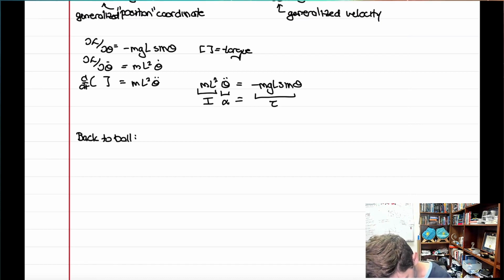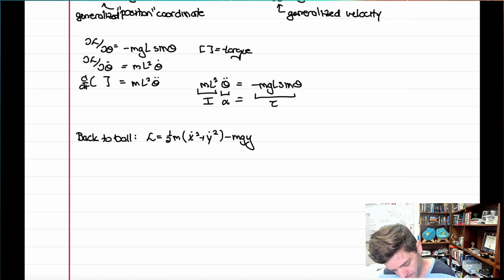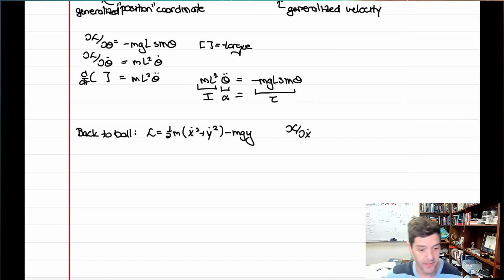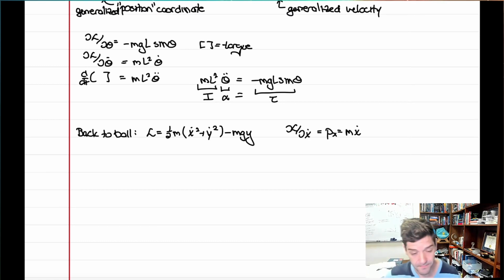So let's go back to the ball where the Lagrangian was 1/2 m (x dot squared plus y dot squared) minus mgy. We said before that the partial of the Lagrangian with respect to x dot, in this case, ends up being just px, which was m x dot.